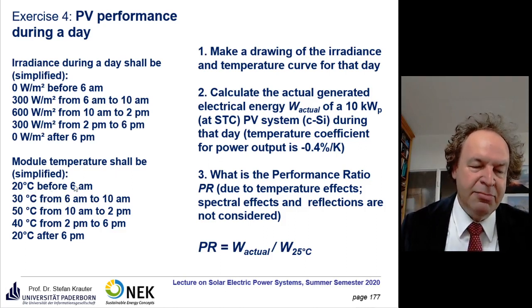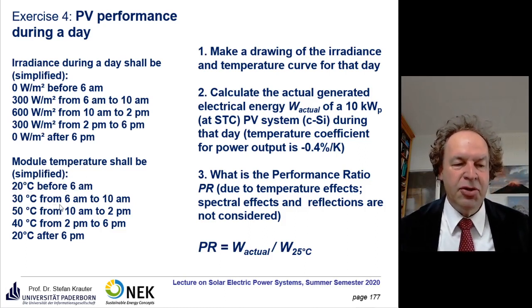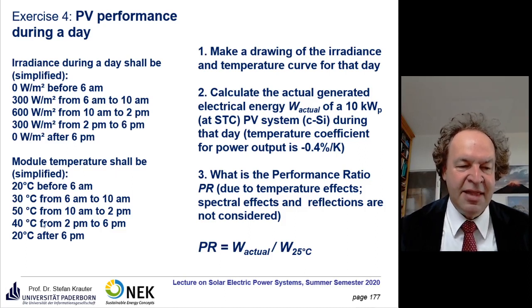We have 30 degrees Celsius of the solar module inside your cell from 6 a.m. to 10 a.m. and it reaches its peak from 10 a.m. to 2 p.m. with 50 degrees Celsius. And then in the afternoon, while ambient temperature is also increasing, it's not the same as the morning temperature, it's a bit higher. So we have 40 degrees Celsius from 2 p.m. to sunset at 6 p.m. and then it stays at 20 degrees Celsius after 6 p.m.